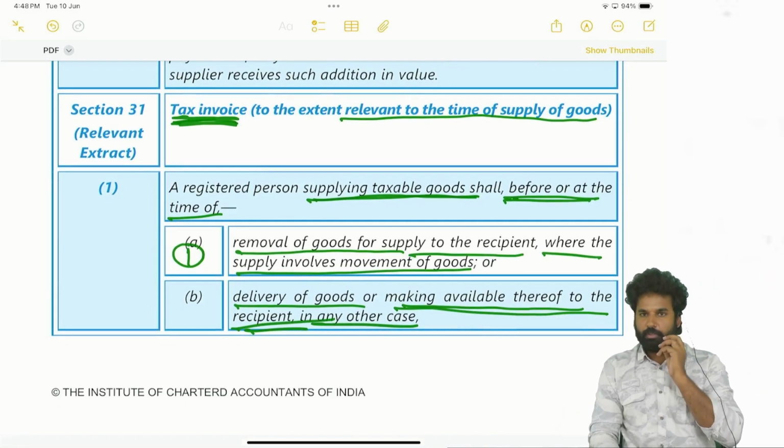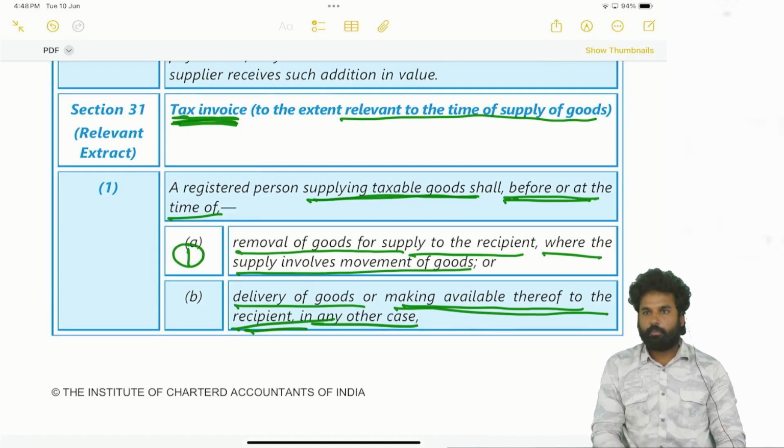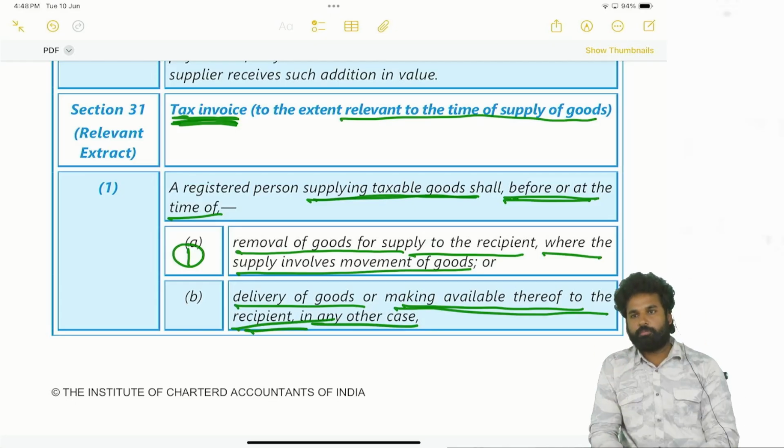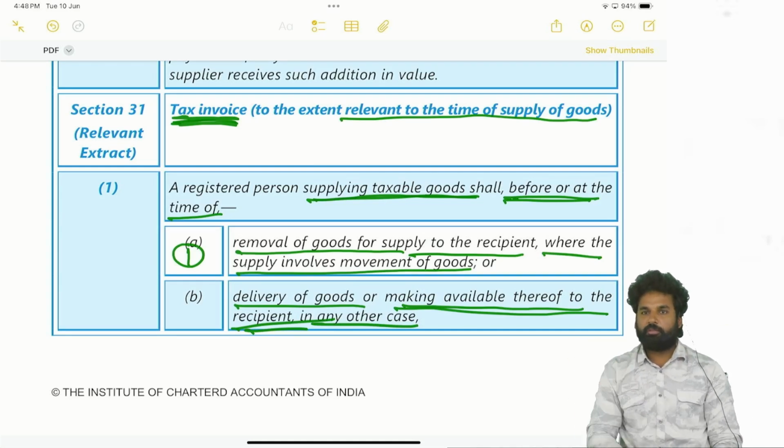Making available means these benches are here. Previously an institute was here, and the benches belonged to that institute. Now that institute has vacated and we have come in here, so we have taken those furniture, those benches, from them. So the benches are supplied here only.